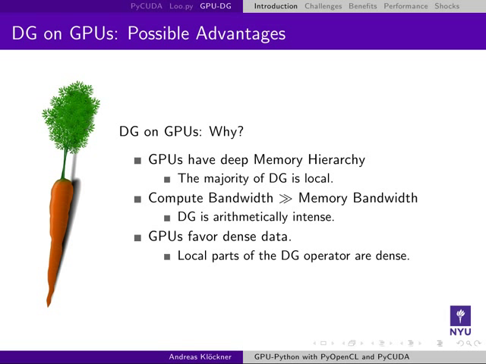One thing that I forgot to mention up front: DG is typically used as a high order method. So these element-wise matrices have a certain size. Say if you go to fourth order in 3 dimensions, you get 35 by 35 matrices. On top of that, since it is a high order method, we are computationally intense, and that's another thing that GPUs tend to like.